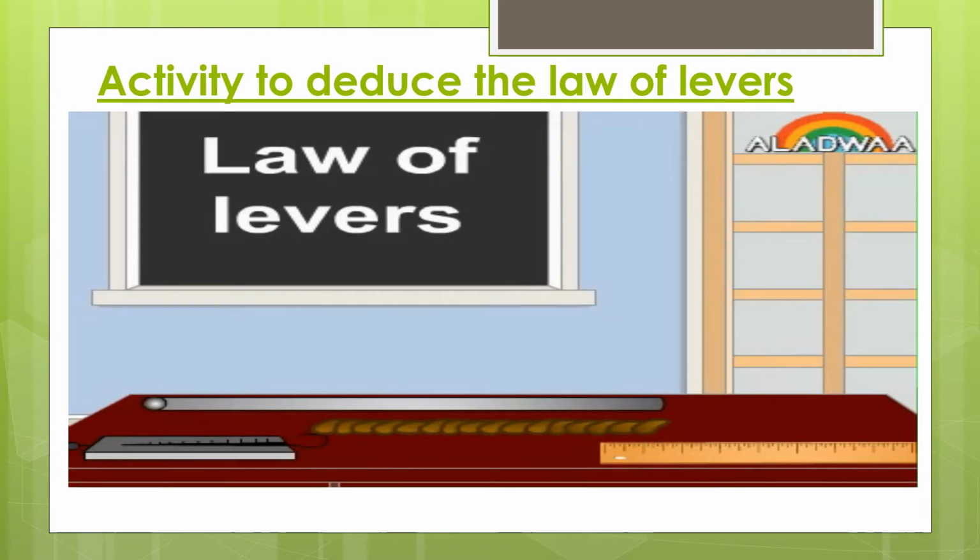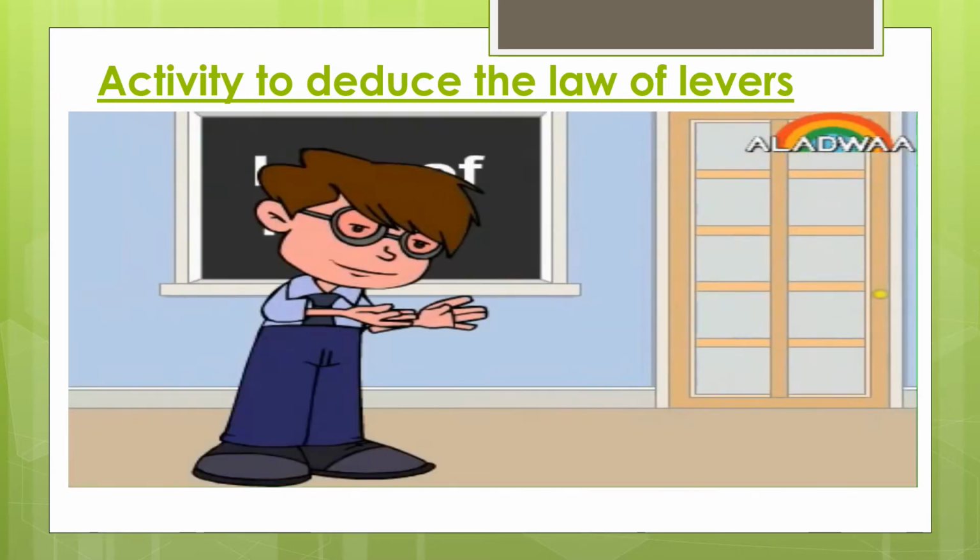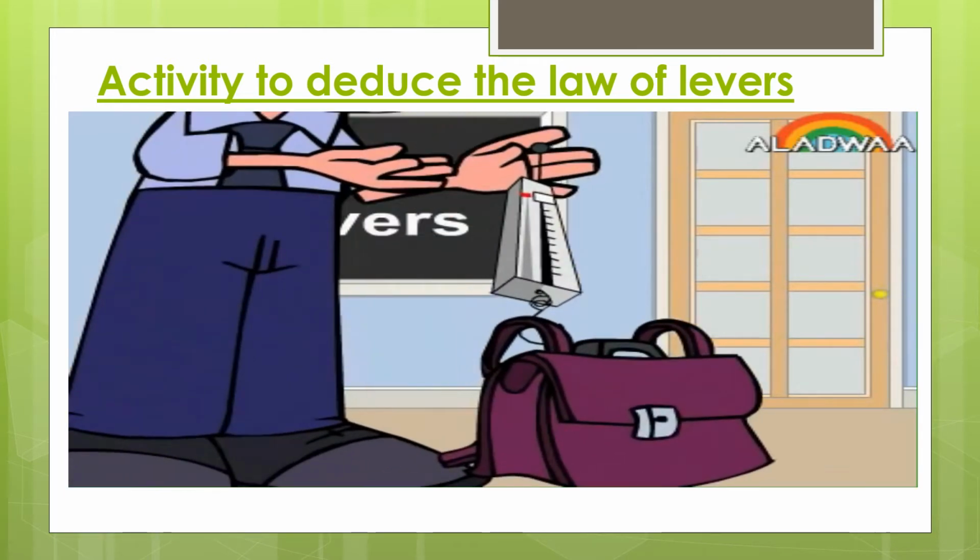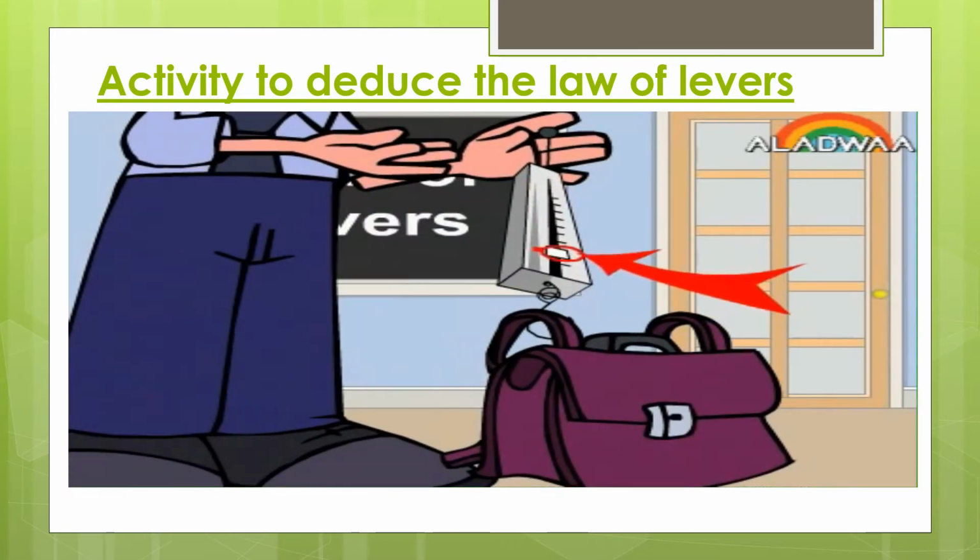What should you do? Assign the weight of the first object and let it be your school bag by using the spring balance. Therefore, you have determined the value of resistance.